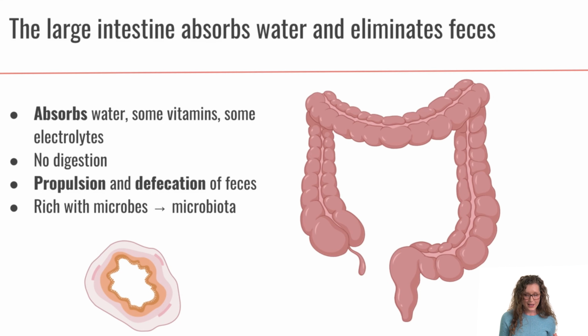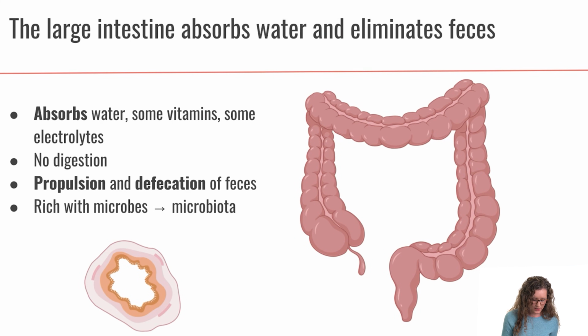And the microbiota, they can actually continue to digest and break down some of the components of our food that we couldn't break down. So that goes for some components like fiber, for example. So when I say there's no digestion that goes on in the large intestine, I'm really meaning no digestion by human enzymes, but there could be some additional metabolism by the microbiota.